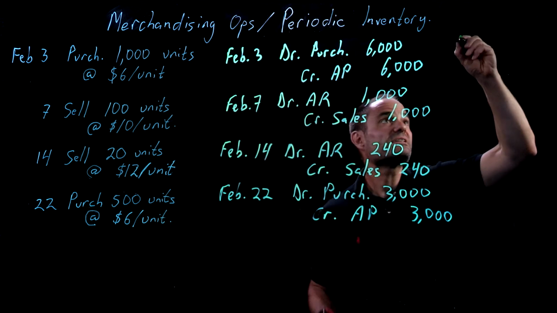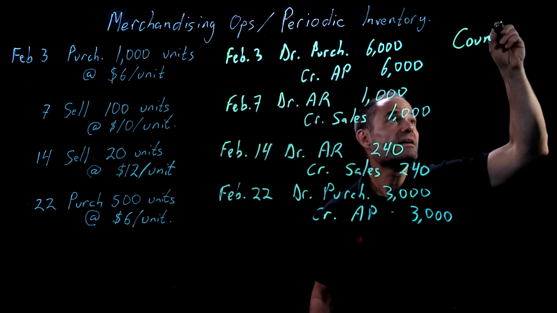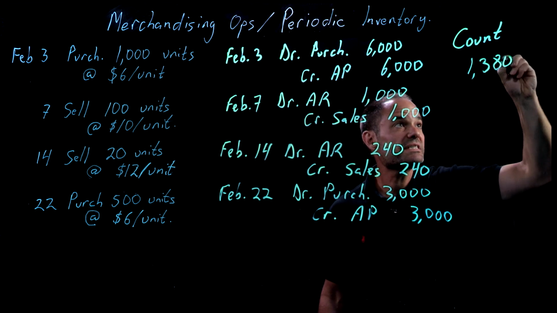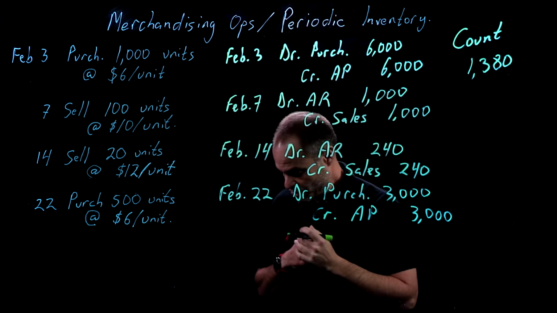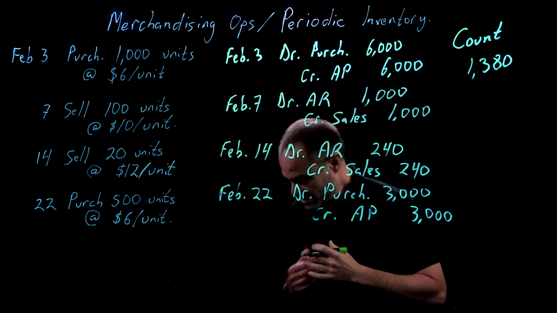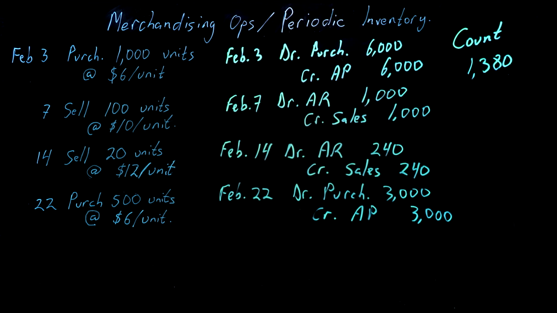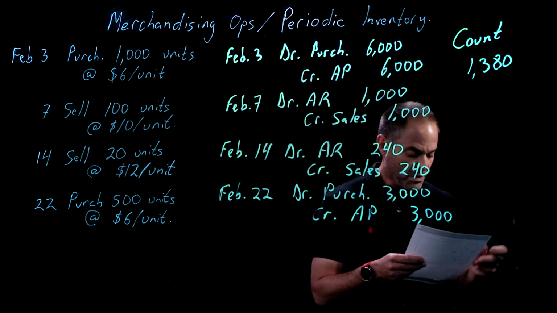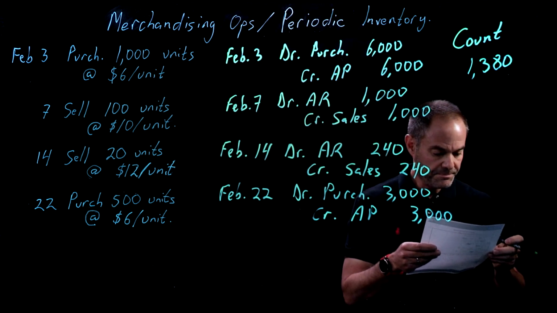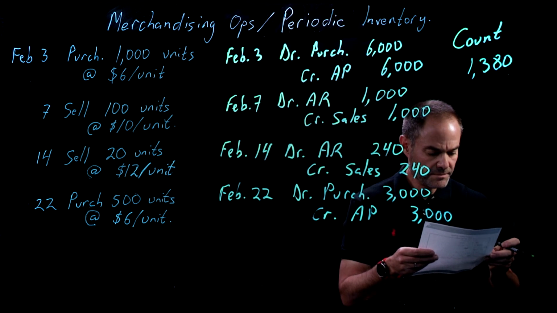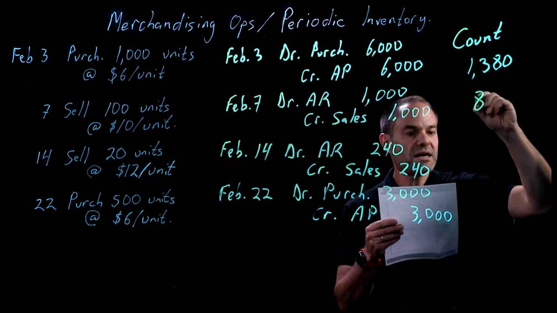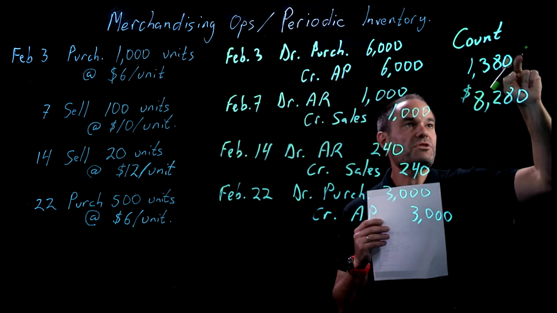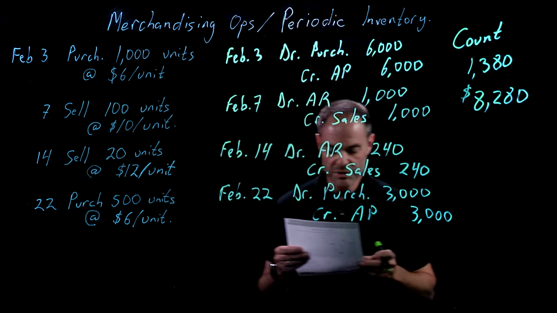So in their count, they're going to count 1,380 units, and 1,380 units at $6 a unit equals $8,280.